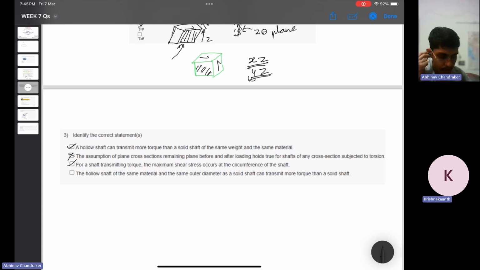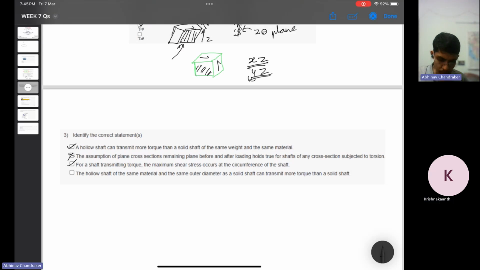For the hollow shaft, if we consider the same material criteria, because the material has been taken from the inside, the outer diameter of the hollow shaft will always be greater compared to the solid. The inner material is used on the outer side, just for understanding purposes.